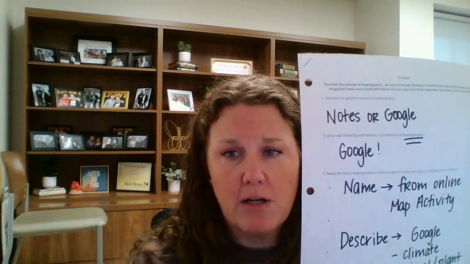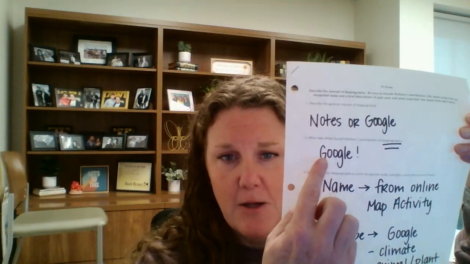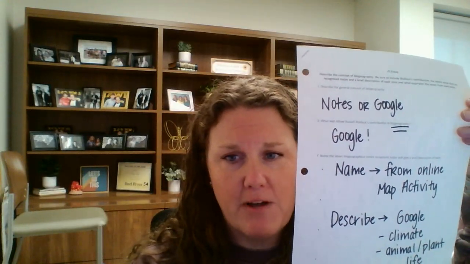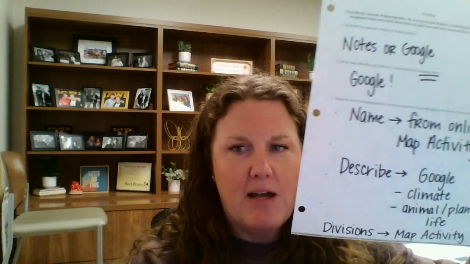What did he do for biogeography? Don't do his evolutionary contributions, because that's not going to answer the question. So I want you to Google him, but be sure you're focusing on the biogeography aspect.